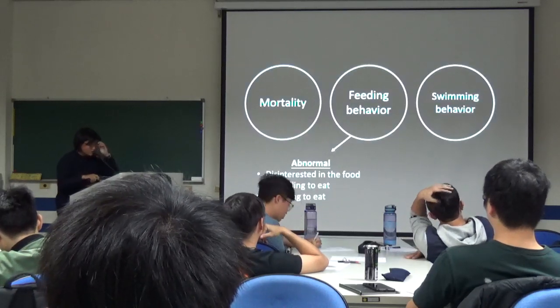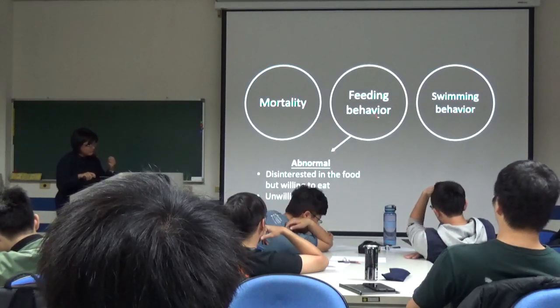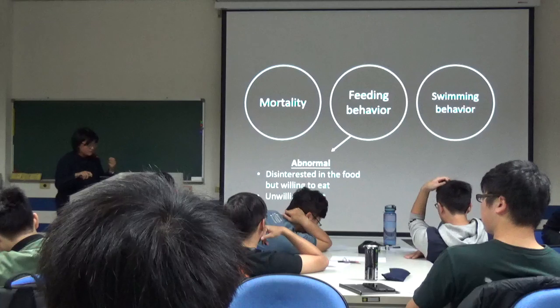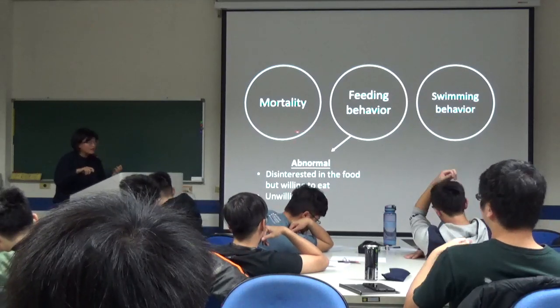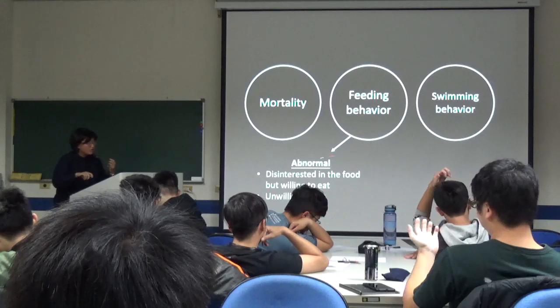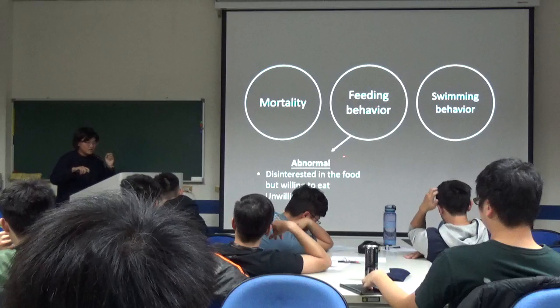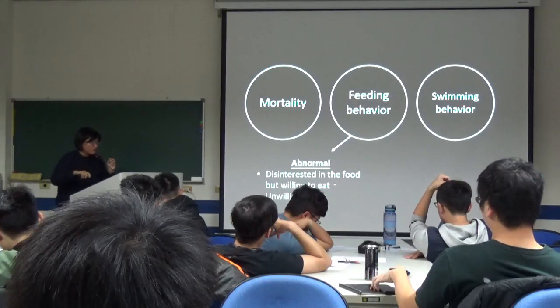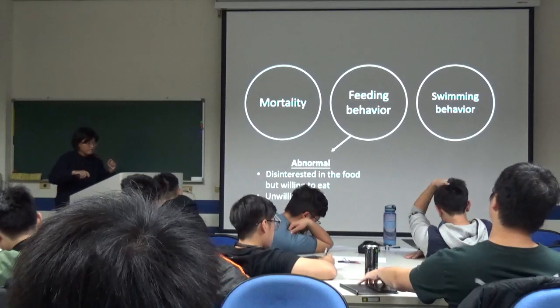So now we need to define mortality, feeding behavior, and swimming behavior. Mortality means the fish died. For feeding behavior, normal feeding is being interested in the food and willing to eat, and abnormal is being unwilling to eat.